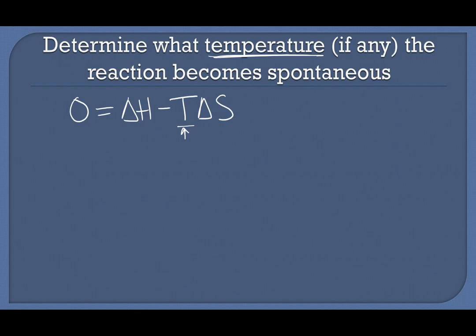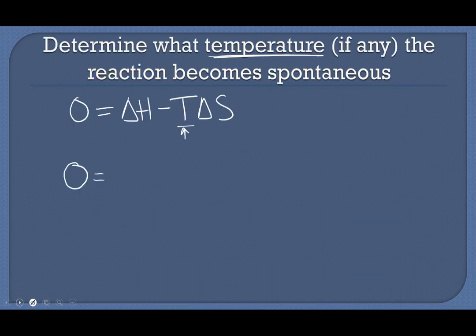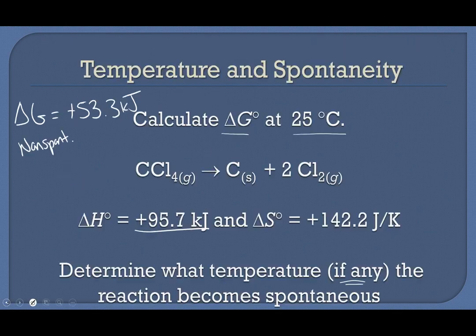Okay? So if we are setting delta G to 0, we were given delta H, so that was 95.7 kilojoules. We're solving for temperature, so that's going to be the variable that remains.